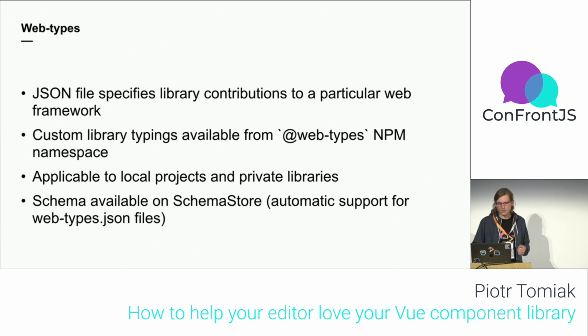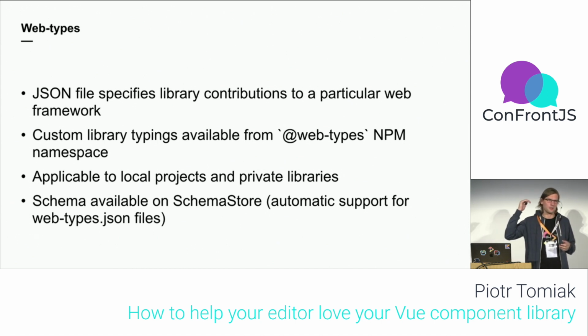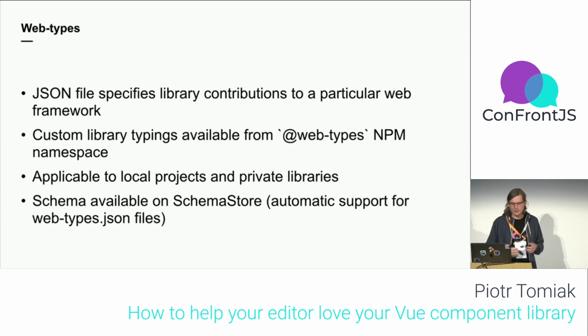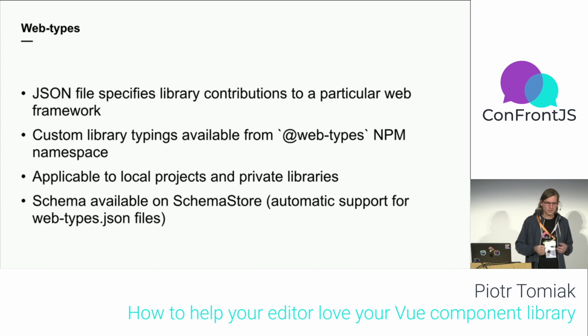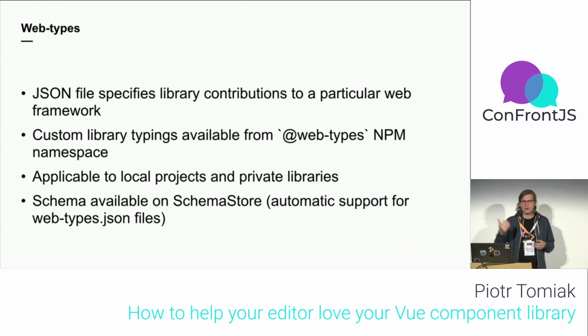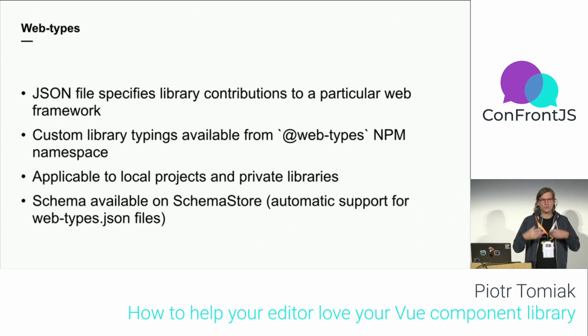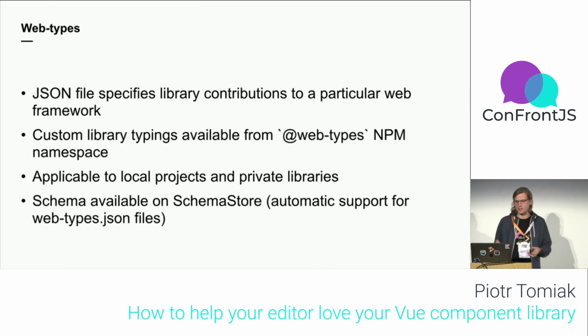And we have something like library typings available in the web-types namespace, similarly to the types namespace. What is really interesting is that once we released the first early access with this, we immediately got requests from users to support Web-Types for local development. And this was really nice and surprising because it actually helps when you develop your own components locally, because you get documentation within the HTML editor, right?